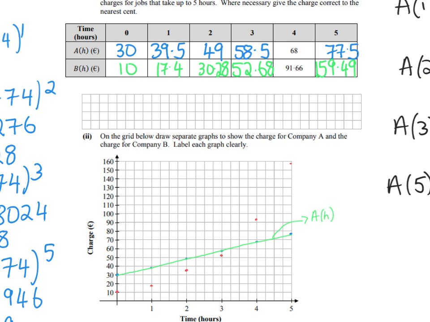Then we can join this up, just like that. And again, we need to label it. So this here is B of H.